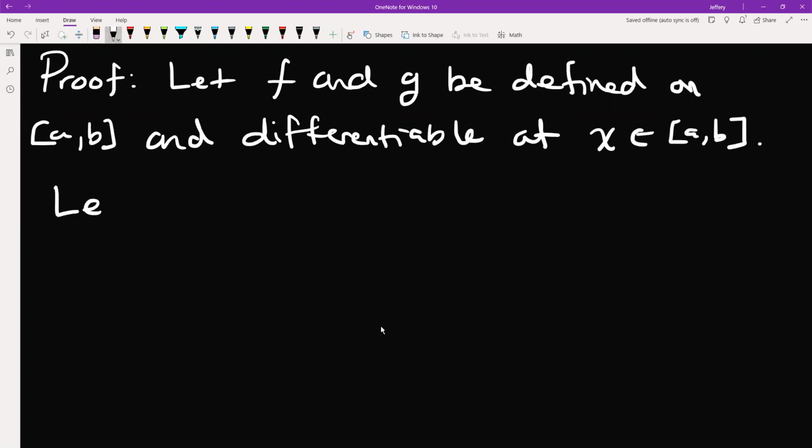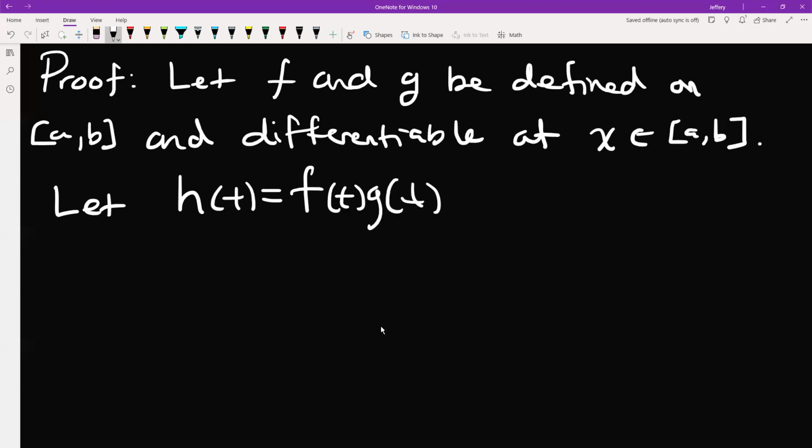Let h of t be equal to f of t times g of t. Now we've assigned this function to be the product of our two differentiable functions on this interval. And where is t? Yes, t is in [a, b].